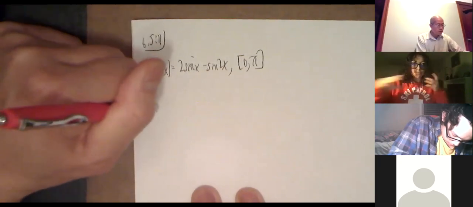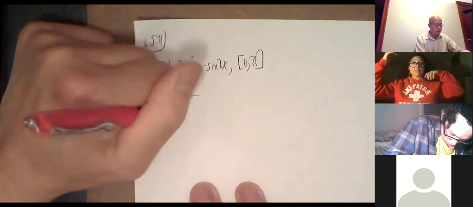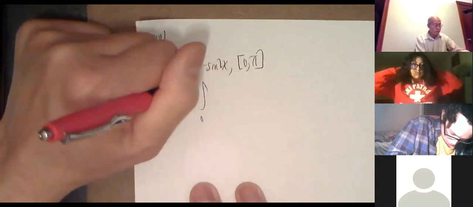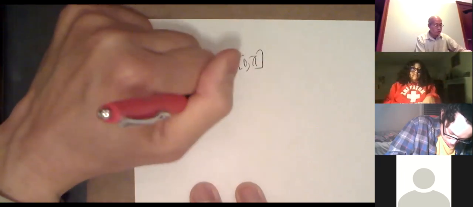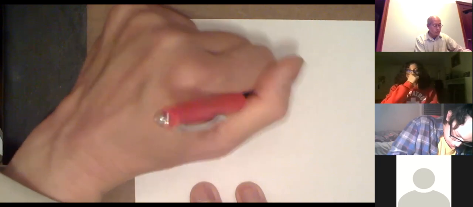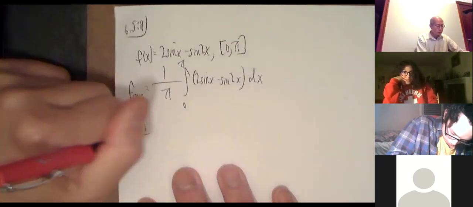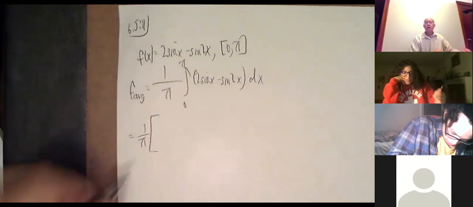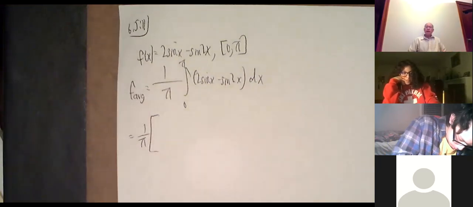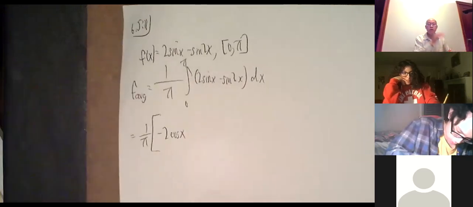All right, so the average value is 1 over b minus a. Pi minus 0 is just pi. Integral from 0 to pi of this stuff, 2 sine x minus sine 2x dx. 1 over pi. Integral of 2 sine x is negative 2 cosine x.